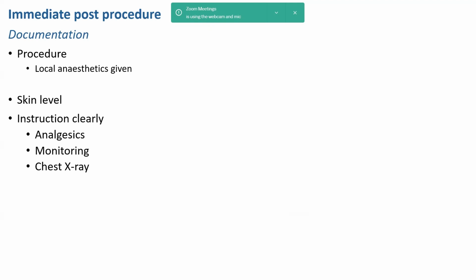If any special monitoring is needed, such as with massive effusion, how to release and when to clamp should be mentioned, along with the post procedure X-ray. All these instructions should be documented clearly, because the management of the tube might be done by other people, not the one who has done the procedure.